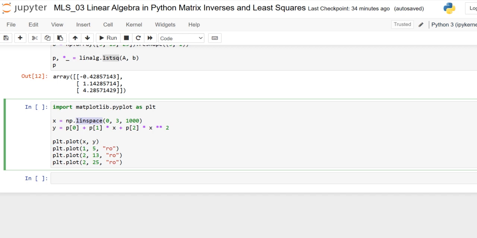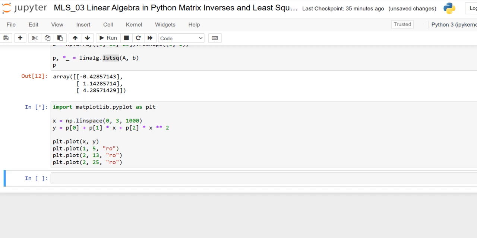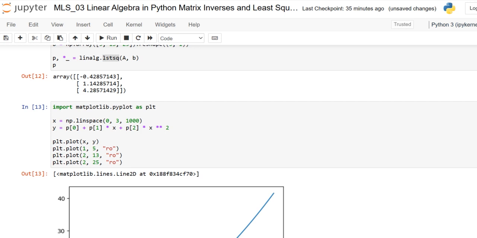So let me plot the curve for the parabola obtained with the model given by the points in arrays x and y. Here we are giving the exact points 1 and 5, 2 and 13, and 3 and 25. So let me plot it and see.